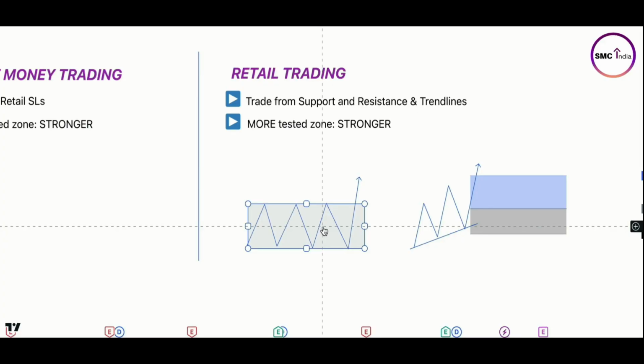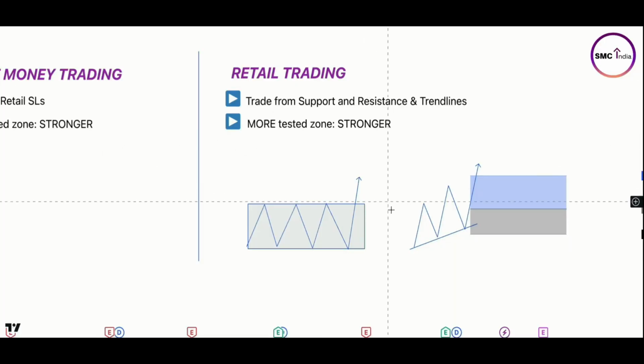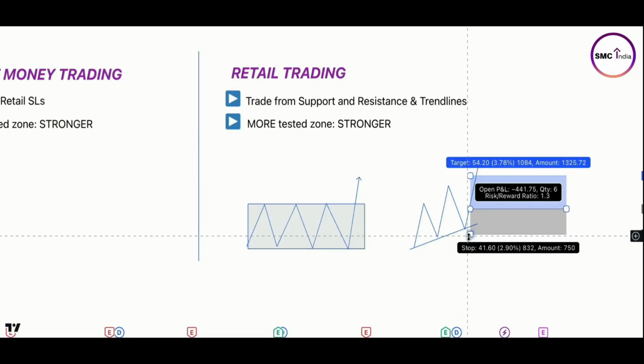From a profitable point of view, retail trading is much less profitable than smart money trading. And when you understand the concepts of smart money trading, you will identify the zones where the retail traders put their stop losses and target those zones, grab the liquidity of the retail traders and bag your money. Just as simple as that.